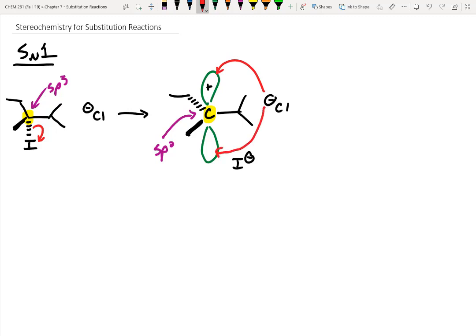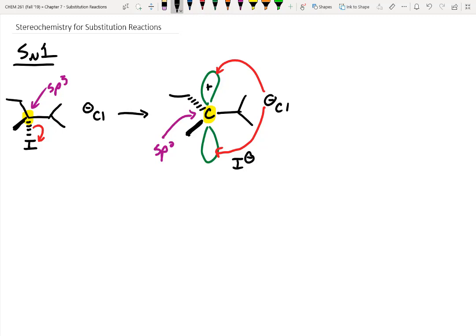Do you think it'll attack both? What do you think? What's the geometry for this intermediate? It's trigonal planar, right? So if it's trigonal planar and it has a p orbital going up and down through it, and you're the chloride kind of floating off in space, you can kind of pick top lobe or bottom lobe. Doesn't really matter in this case.